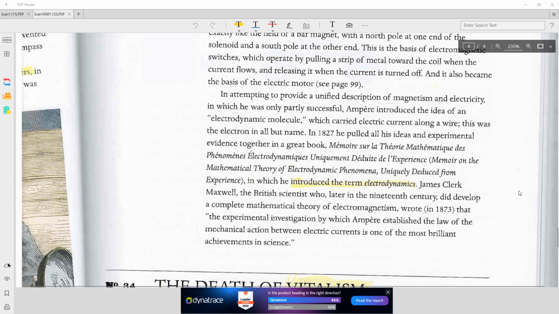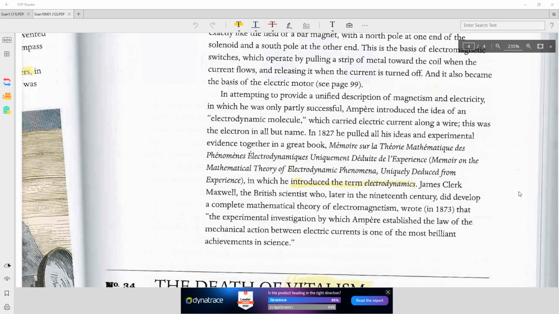In 1827, he pulled all his ideas and experimental evidence together in a great book, Mémoires sur la théorie mathématique des phénomènes électrodynamiques uniquement déduits de l'expérience. Memoir on the mathematical theory of electrodynamic phenomena uniquely deduced from experience, in which he introduced the term electrodynamics.